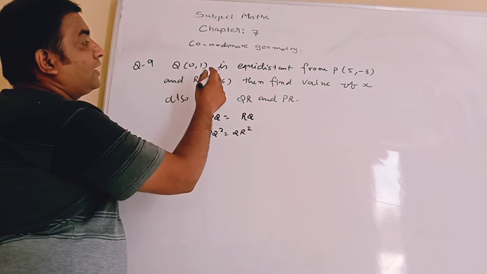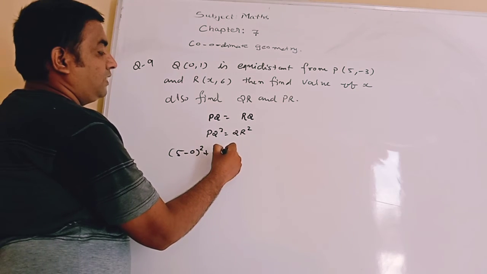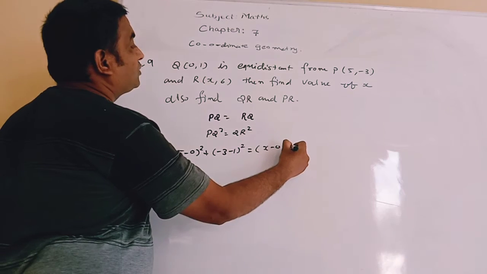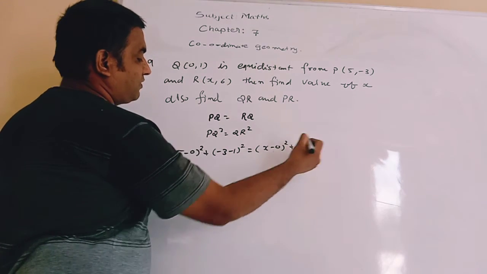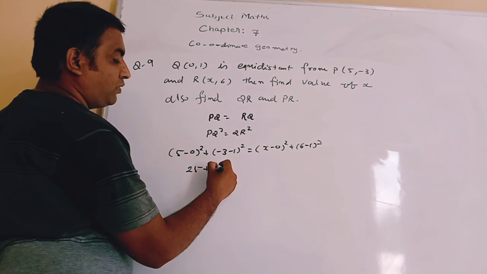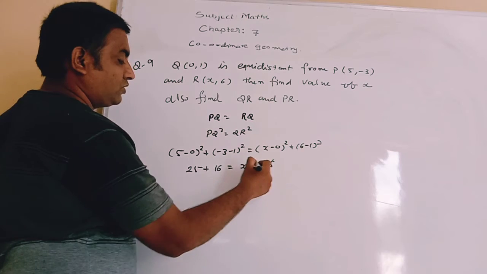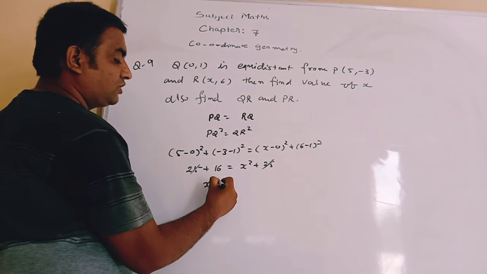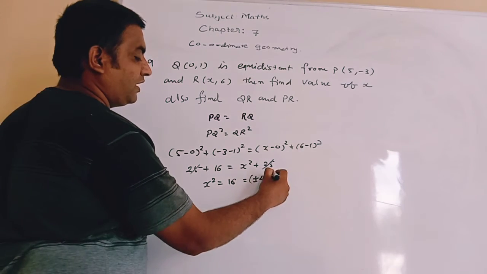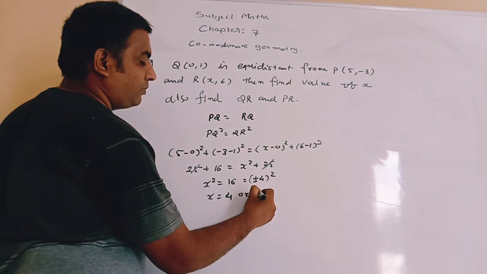So we calculate PQ: (5 - 0) square plus (-3 - 1) square equals (x - 0) square plus (6 - 1) square. So 5 square, 25, plus (-4) square, 16, equals x square plus 5 square, 25. So 25 cancels. So x square equals 16, which means plus or minus 4 square. So x equals plus 4 or minus 4.